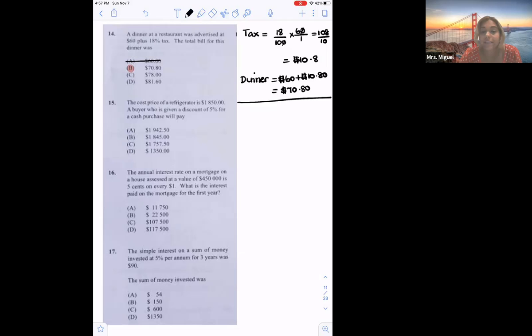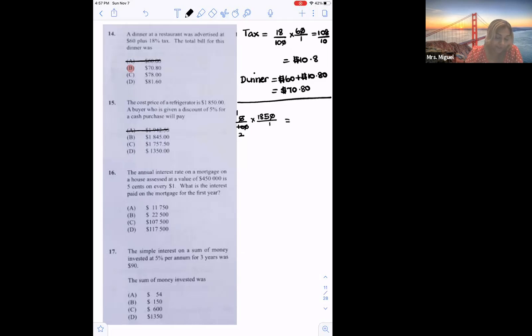The cost price of a refrigerator is $18.50. A buyer who is given a discount. So from the time you hear discount, you know that you are paying less. So you can't pay more for the item. So you can eliminate E, right? So 5%, 5 over 100 multiplied by 1850, right? 5 could go into 10 2 times.